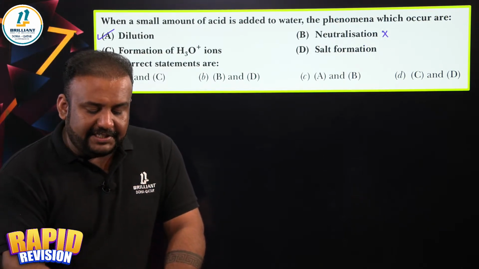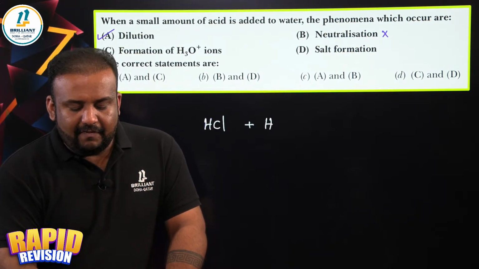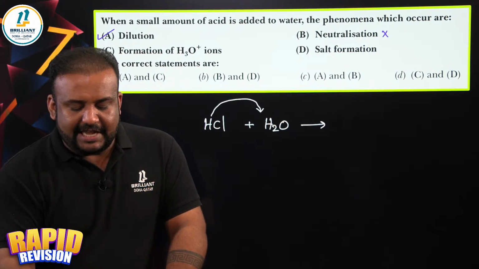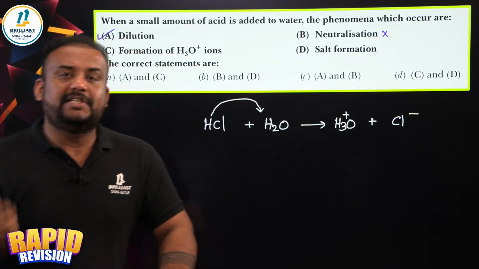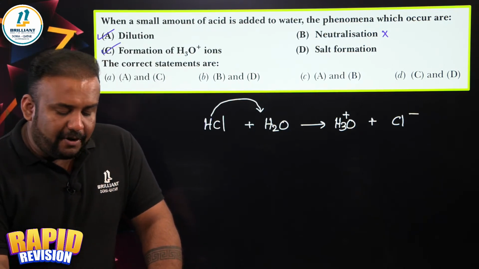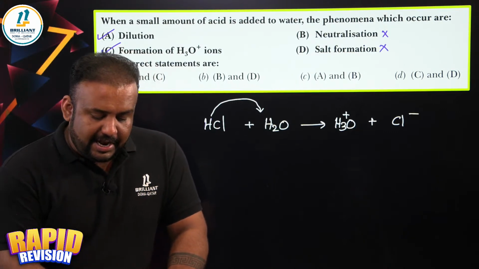Then formation of H3O+ ion, that is indeed true, because when you take, let's say, HCl and you add water, what will happen? HCl will ionize into H+ and Cl-, and the H+ will be accepted by H2O to become H3O+ plus Cl-. Hydronium ions are formed. That is true. Salt formation, that is false. So A and C are the correct descriptions.